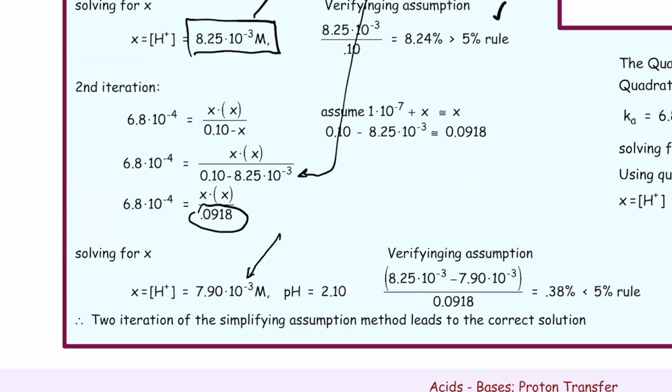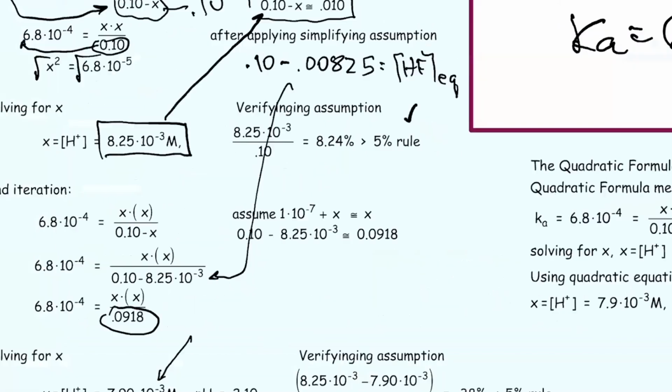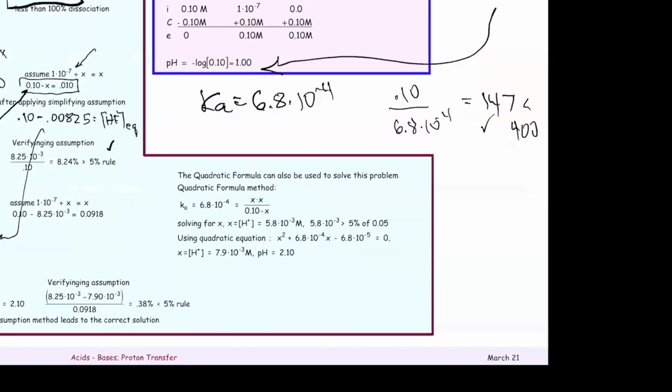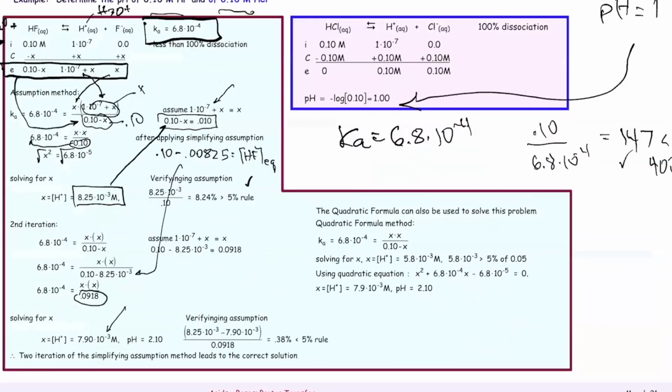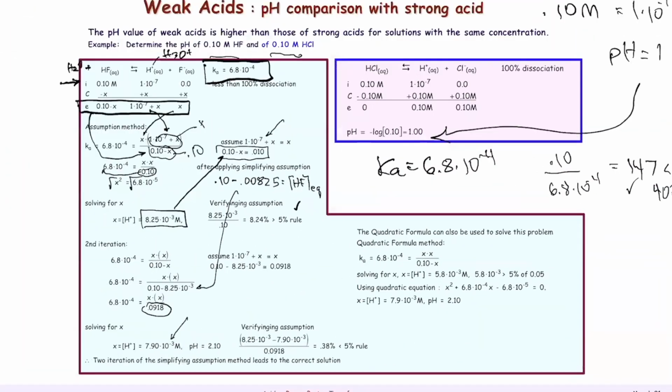So for this particular problem, what you see here is that the HF has a pH of 2.10 when you have a 0.1 molar HF concentration, whereas the HCl has a pH of 1.